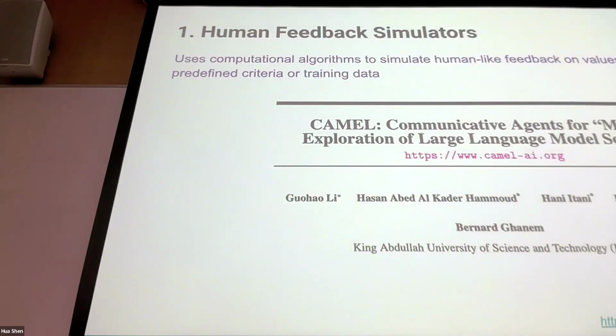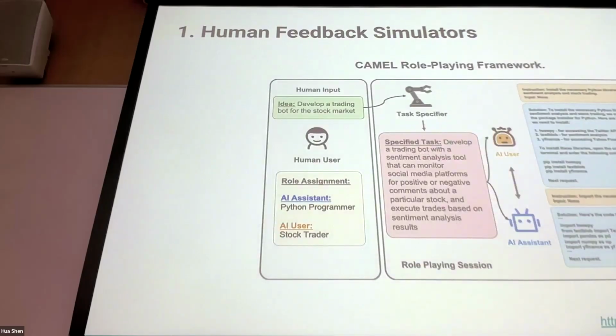The first one is Camel. This paper is very cool. They not only published this paper at NeurIPS 2023, they also converted it into a series of relevant products and models, and they have a website hosting all of their products. Here they allow humans to specify the specific roles for the AI assistant and the AI user, and then ask them to generate the conversation or the task by themselves.